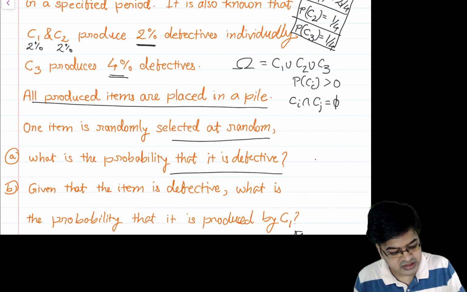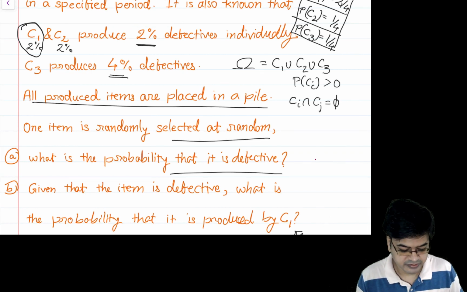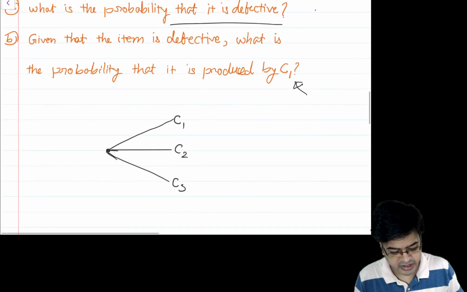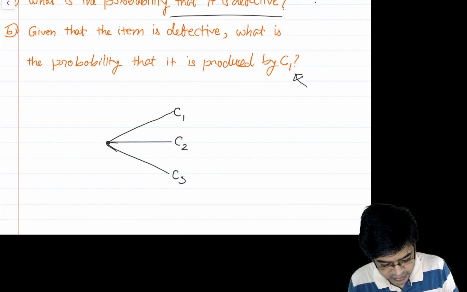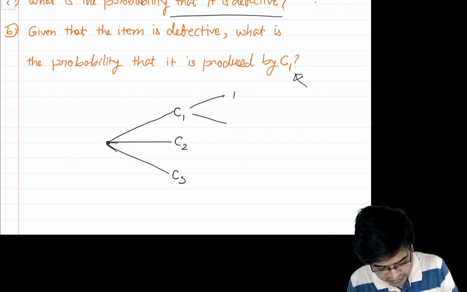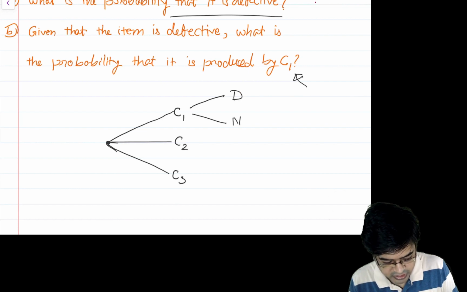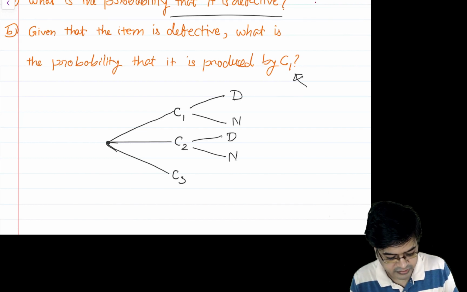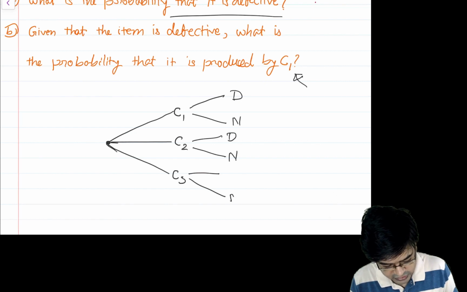Given that C1 is supplying the item, there are 2% defectives. That means everybody who is supplying will have two cases: it will be defective or it will be non-defective. In a similar manner, when C2 supplies, it will be defective or non-defective. C3 also will follow the same flow, that is, non-defective and defective.